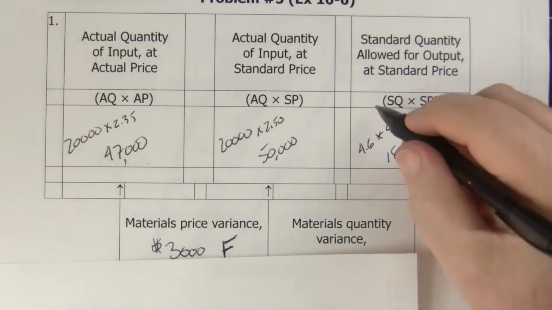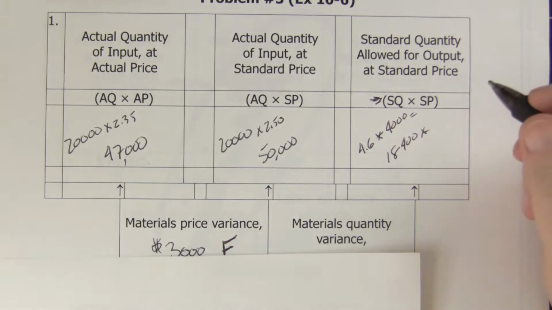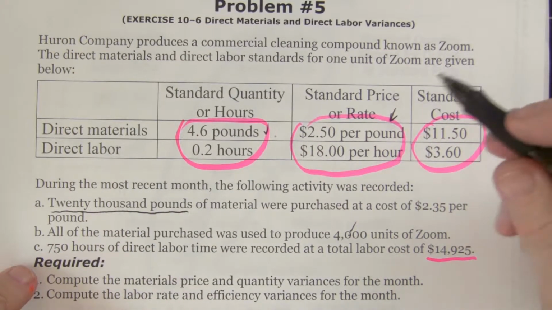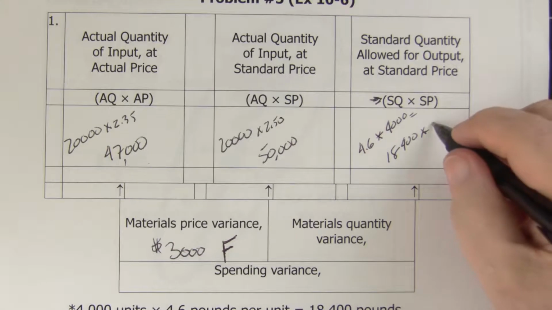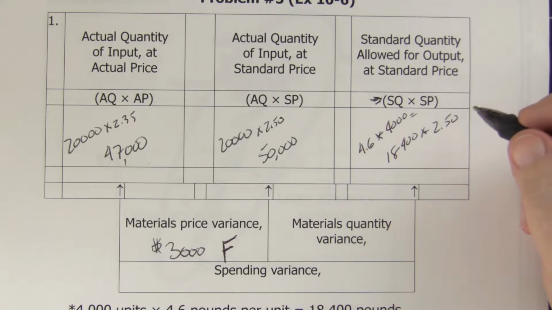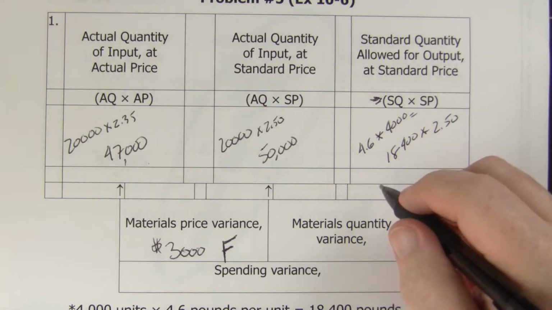That's the standard quantity. And they tell us the standard price, $2.50 per pound. When you multiply that, you come up with 46,000.